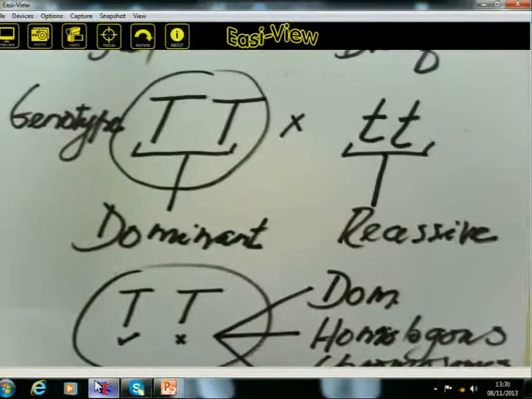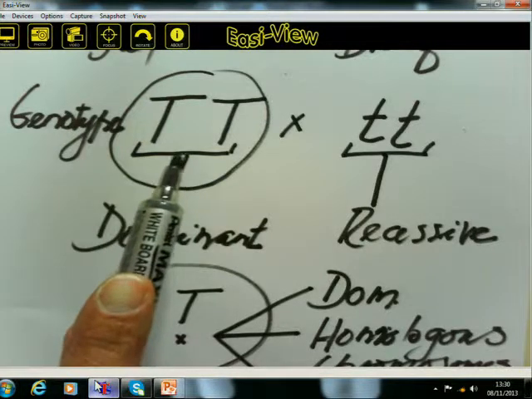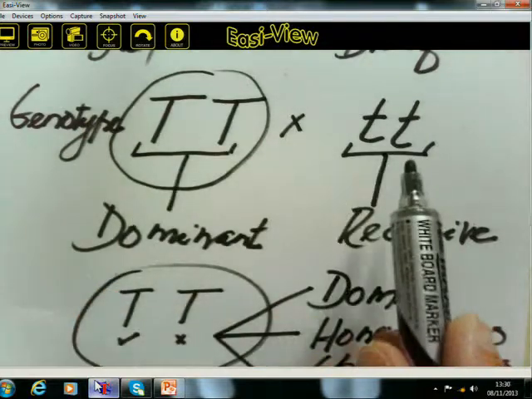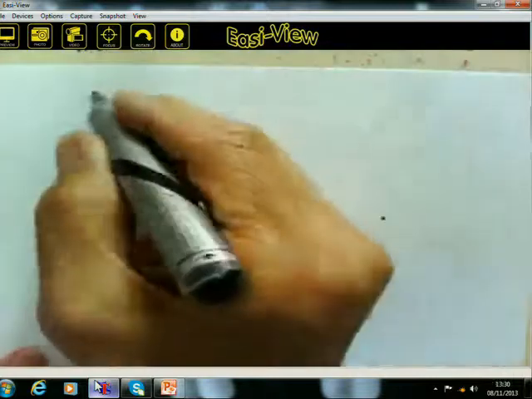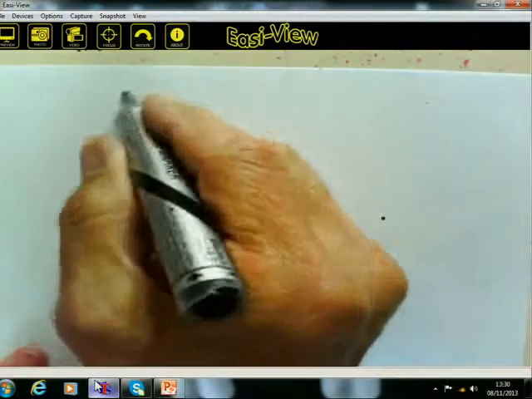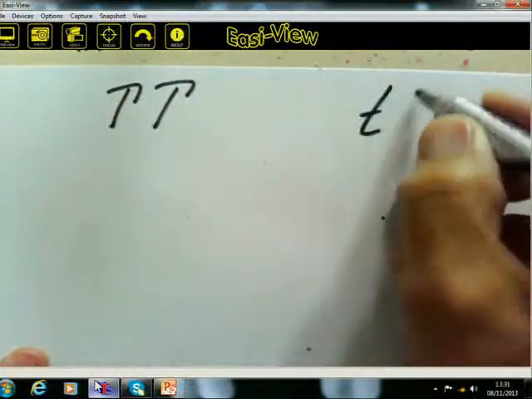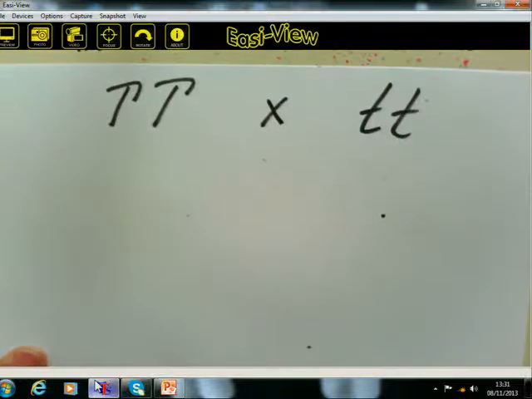Let us now proceed. A true breeding tall growing plant was crossed with a true breeding short growing plant. I ended off by referring to the fact that the double capital T and the double small t represent the diploid number of chromosomes.